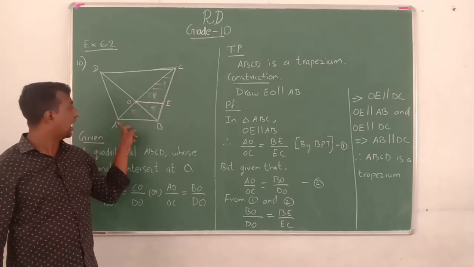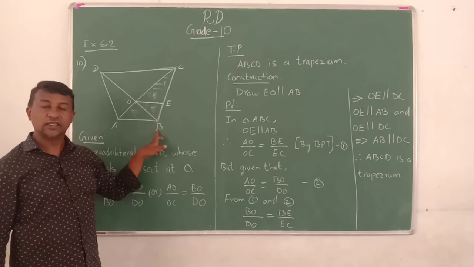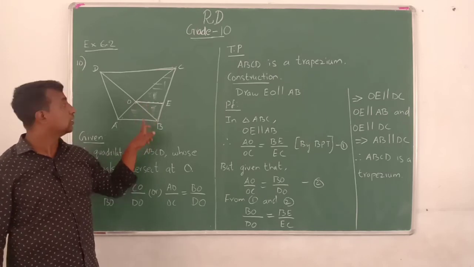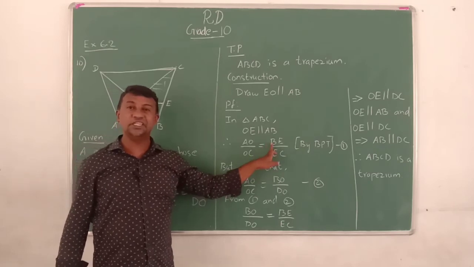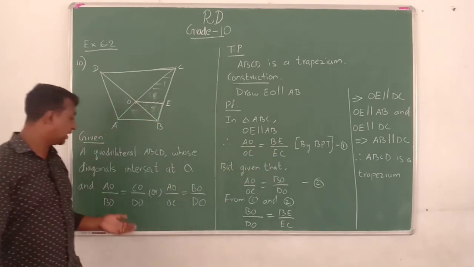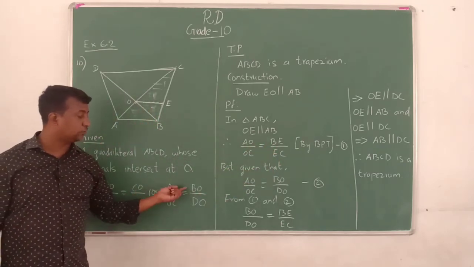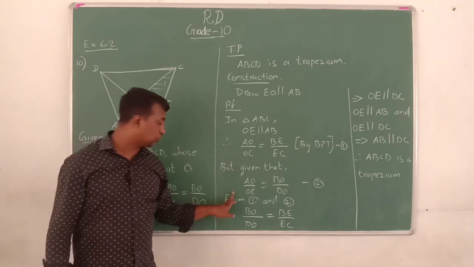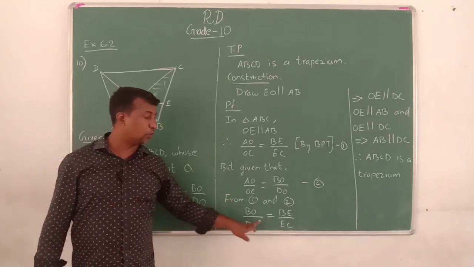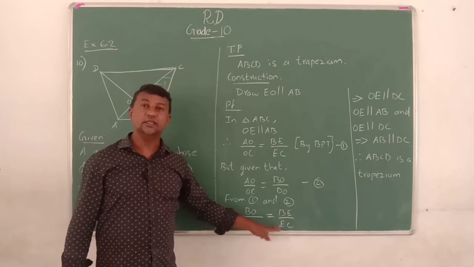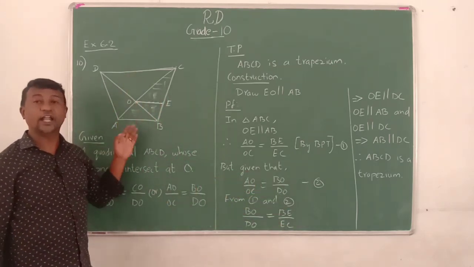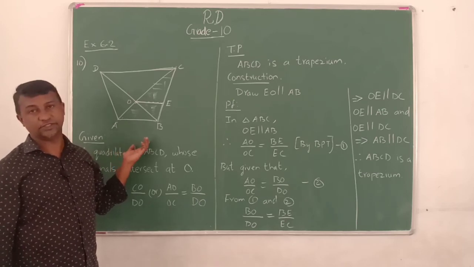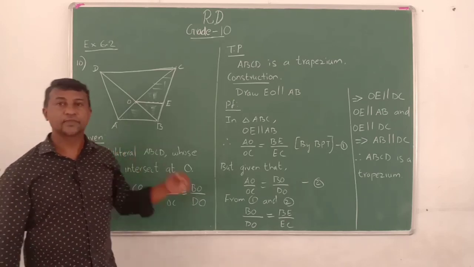Since OE and AB are parallel, we can apply BPT and state AO by OC is equal to BE by EC, and they already gave that AO by OC is equal to BO by DO. We compared these two and proved that BO by DO is equal to BE by EC. Based on this, we proved the sides were parallel and proved the given figure is a trapezium. Hence the sum. Thank you.